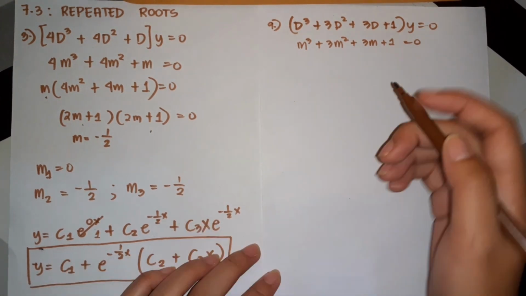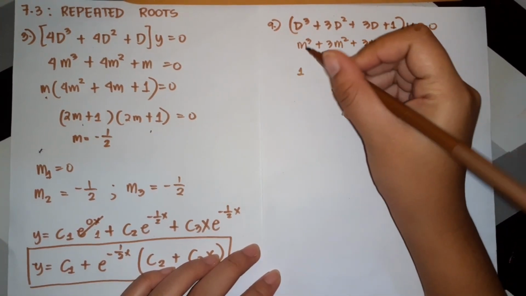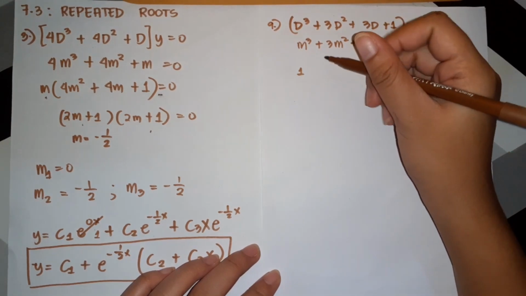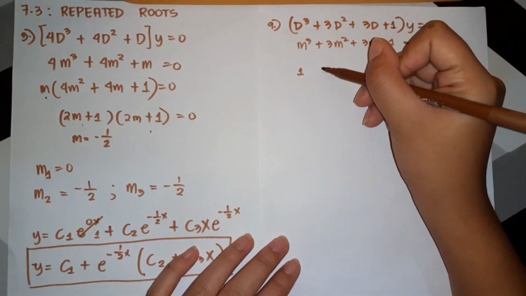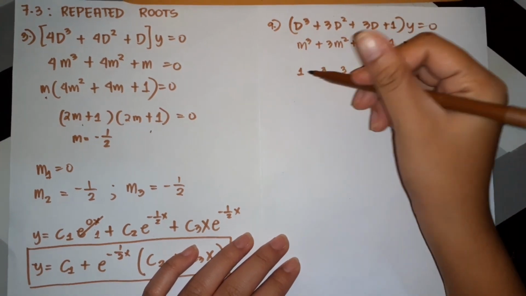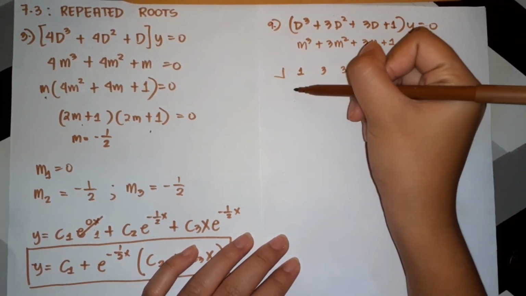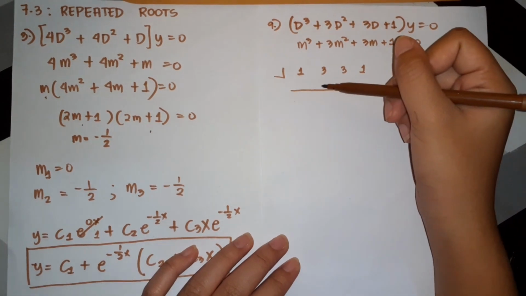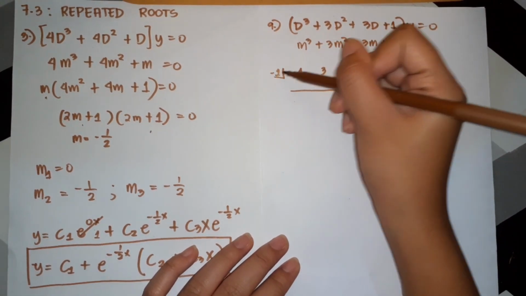So this will be 1, the coefficient of our first term, 1, positive 1, positive 3, positive 3, and positive 1. So we will use trial and error in synthetic division. So first we will use negative 1.